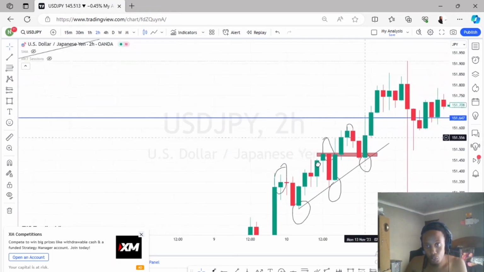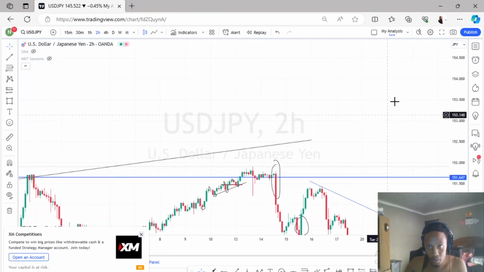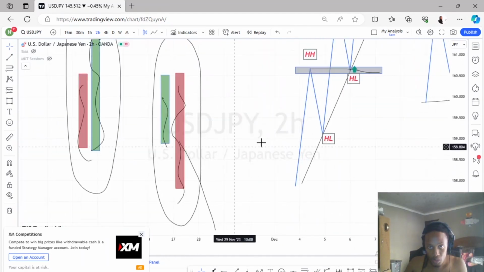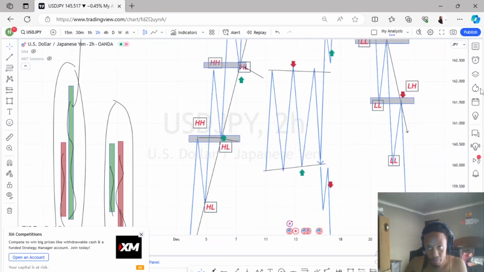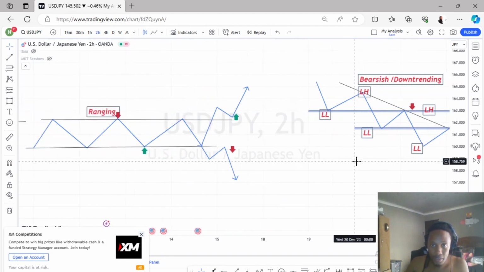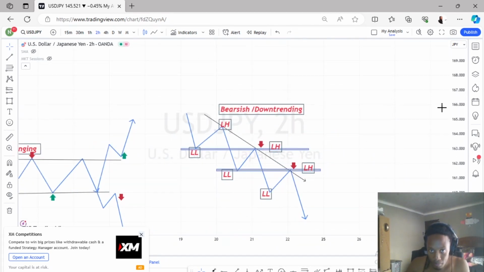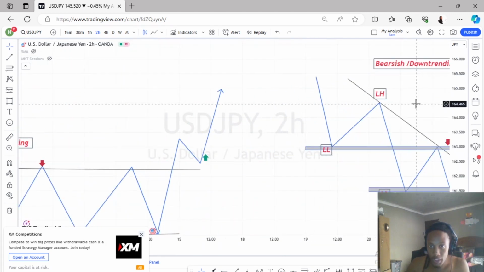So let's go to the downtrend. On the bearish trend, bearish downtrending, we have lower lows and lower highs.